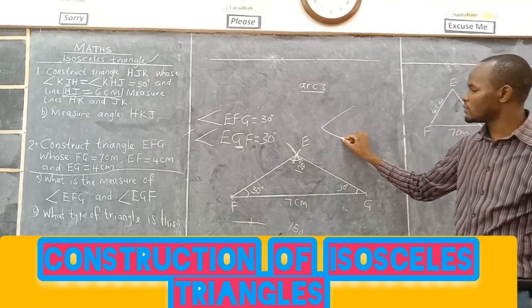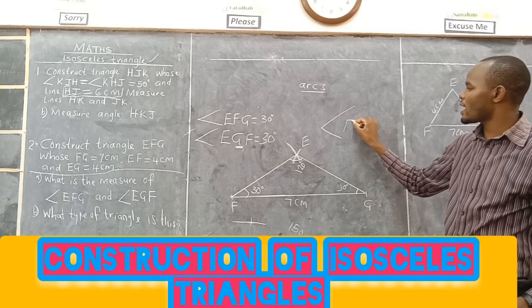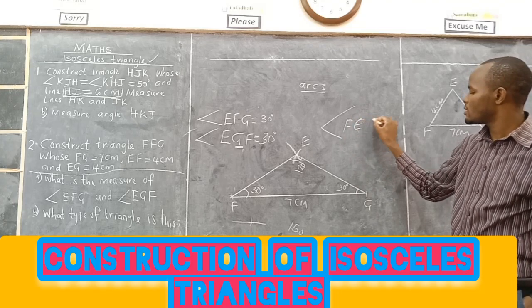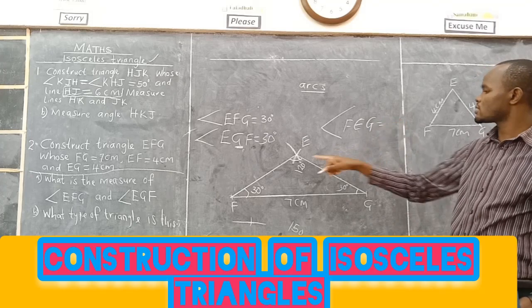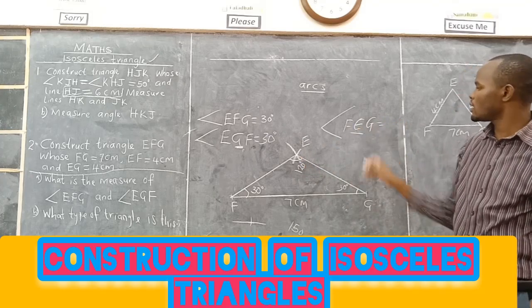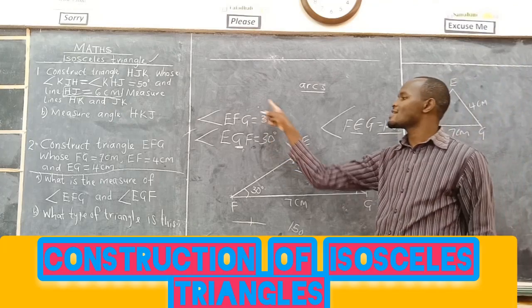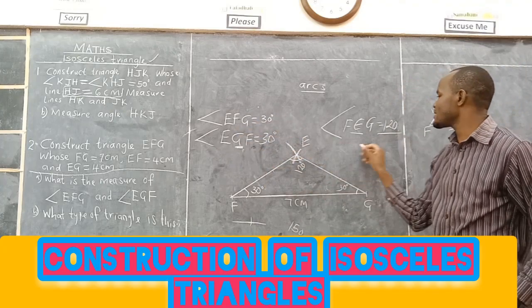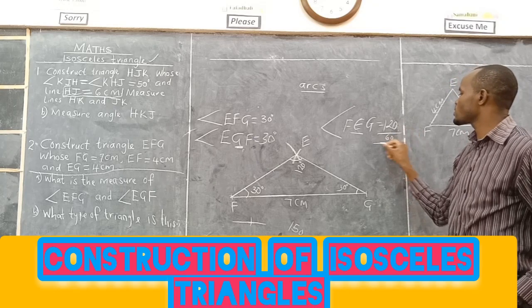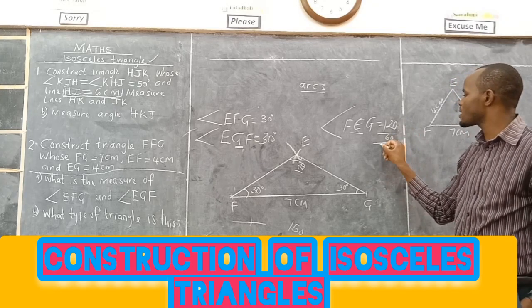So angle FEG, this one where we have E, we have got 120 degrees. What can you say about all these angles? 30 plus 30, that is 60. 60 plus 120, you have 180.